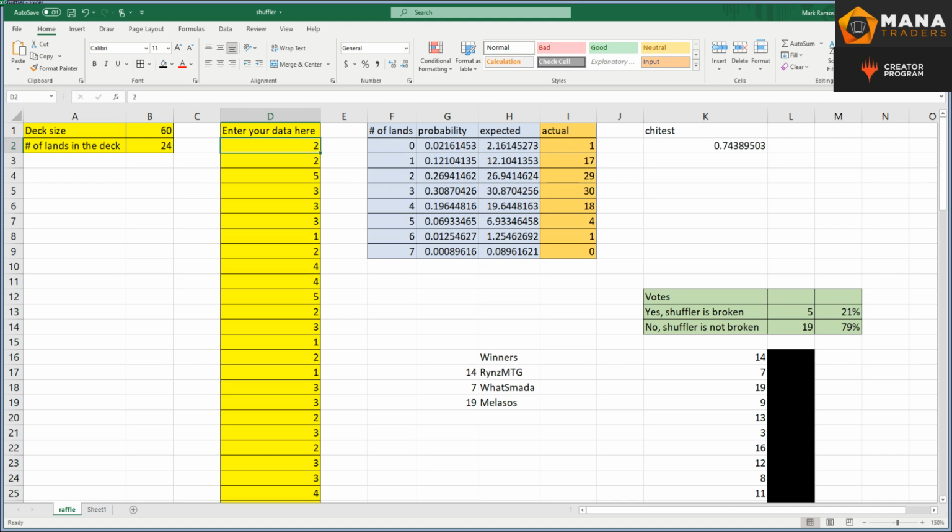And of course, another thing is this is for best of 3 and not for best of 1. We know that for best of 1, there is an additional hand selector algorithm that does change the distribution, but not for the worse, right? It's supposed to change the distribution for the better by squeezing the distribution so that you get fewer 0 land hands, fewer 7 land hands, fewer of the extreme events, essentially.